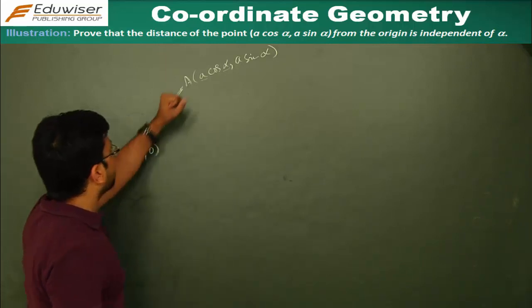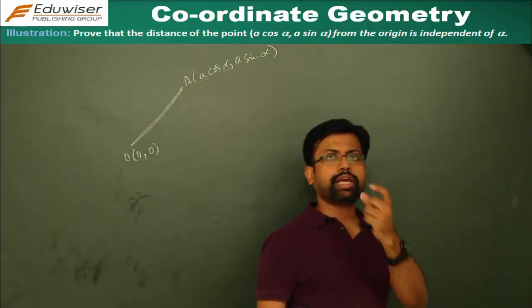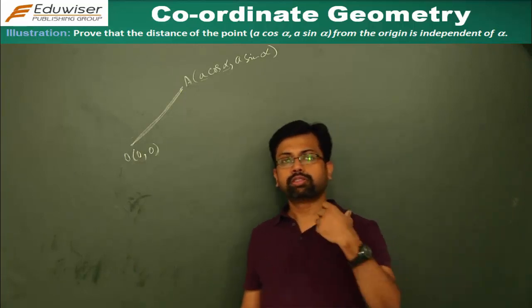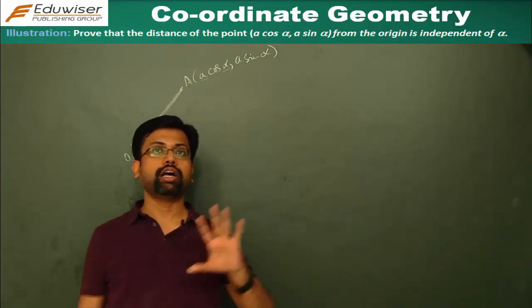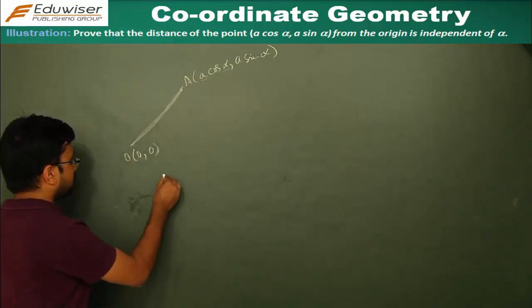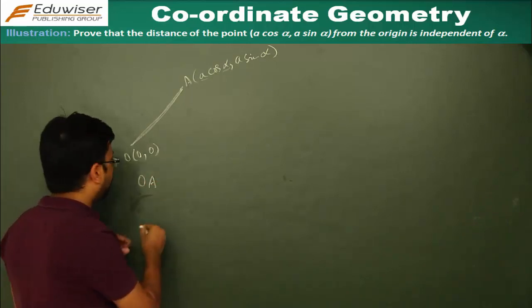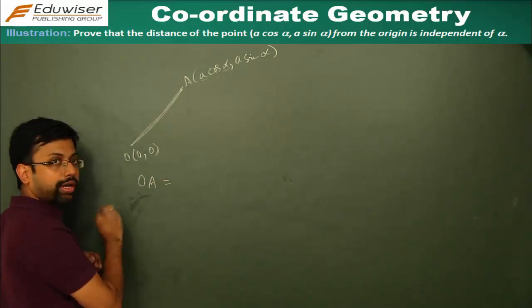So it says that irrespective of what the value of alpha is, the distance OA is always going to be the same. It's not going to change if only alpha is changing and a is constant. How do we prove that? Since we have to prove that OA is independent of alpha, we have to first find what OA is.